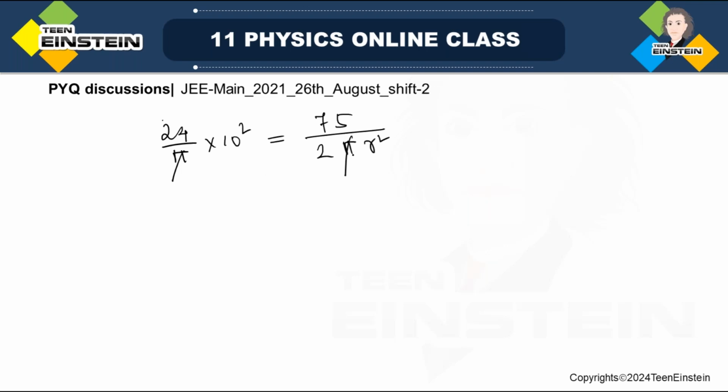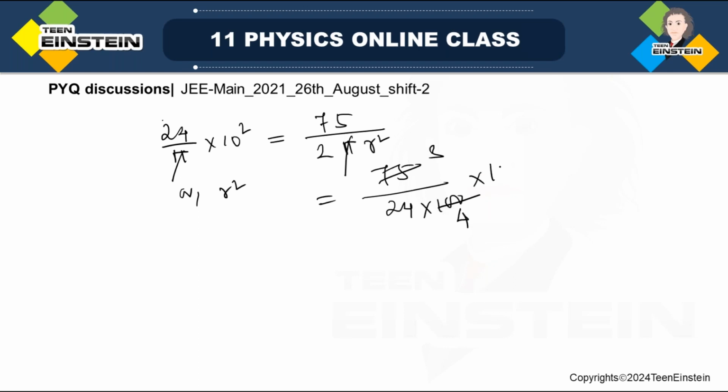I have to find out what is r square. So r square is 75 by 2, 4, and this is 100. So 25, and this will be 4, right?